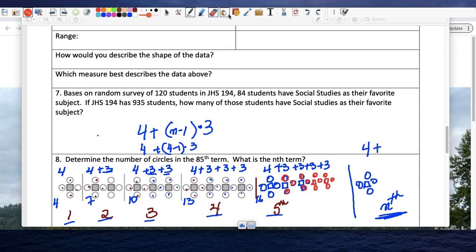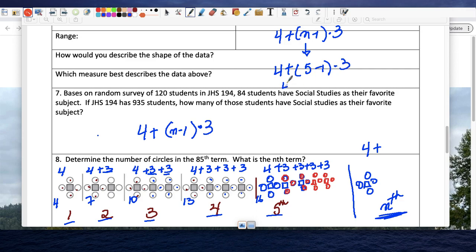Don't you think? So if I'm going to try the fifth term, let me erase this. Here's my formula, and I'm going to replace n with 5. So I get 4 plus 5 minus 1 times 3.